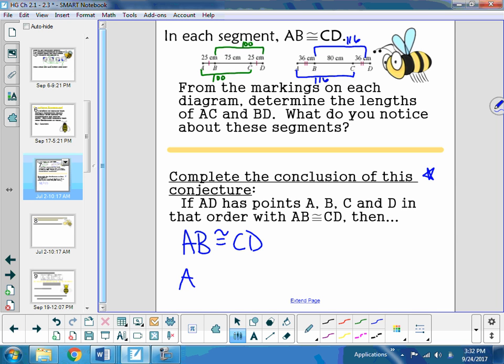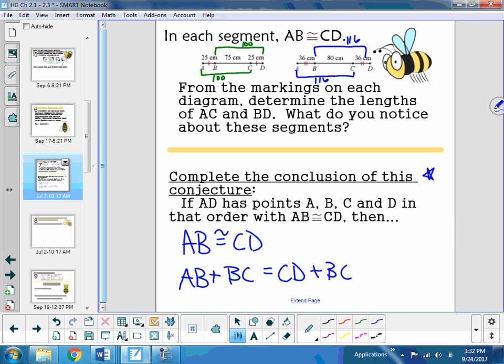I could take AB, add the exact same segment, which in our case is BC, to both sides. I can add the exact same segment to both sides and it will remain congruent. It will remain the same length. It happens both times. Okay, that's deductive reasoning.